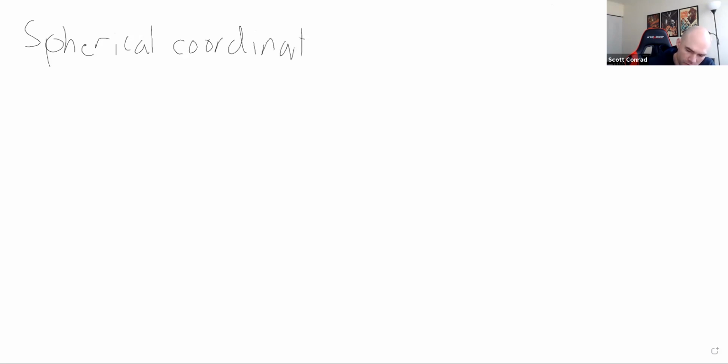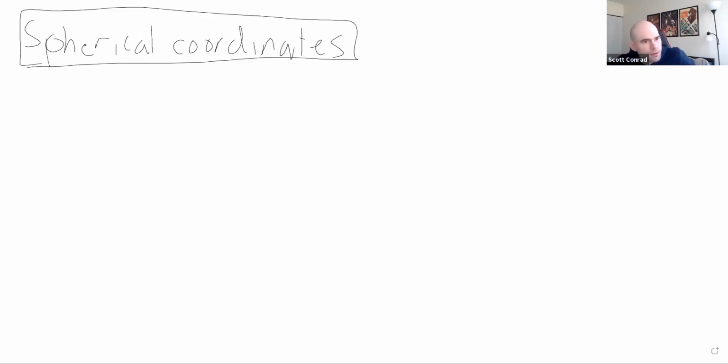Spherical coordinates are probably the toughest one, the most complicated, or maybe the toughest to get the hang of. But they're very, very useful.